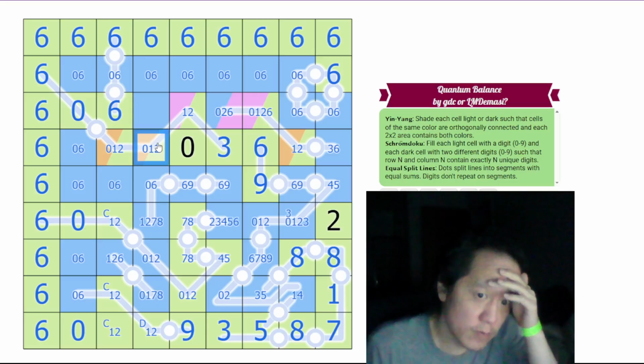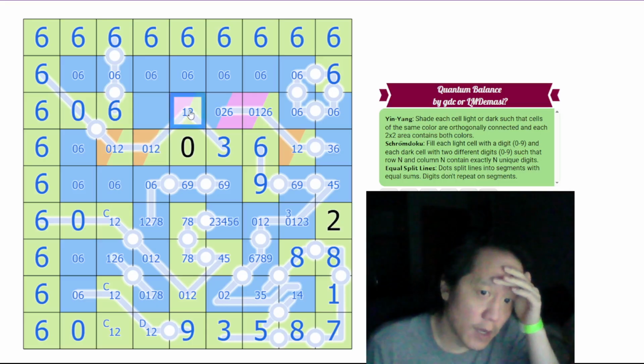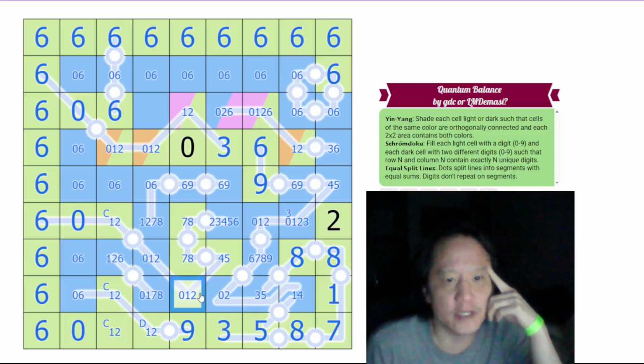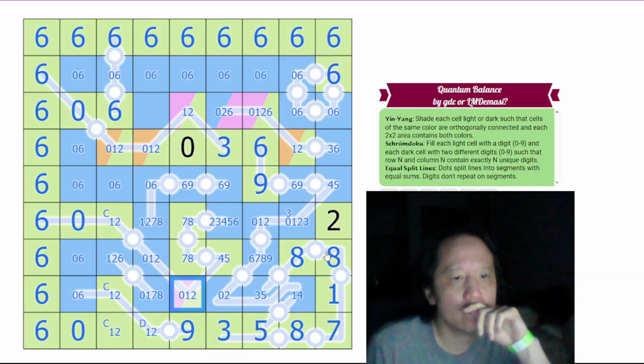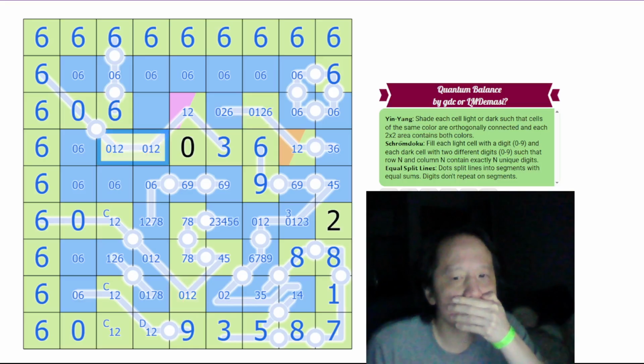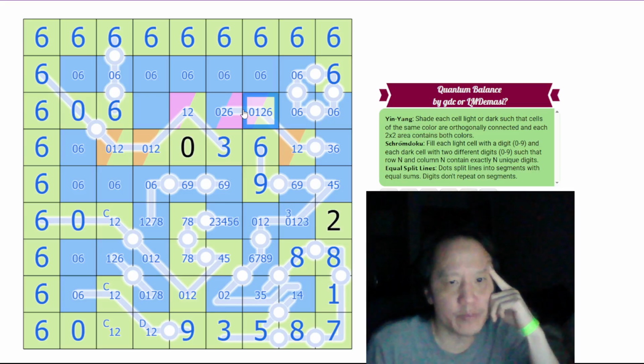That's fine. This pink has to be either the same as this. Okay, so these are orange, these are pink.